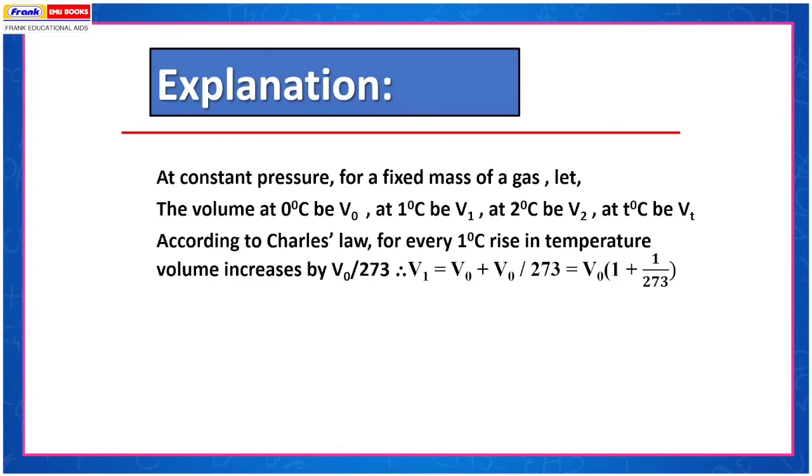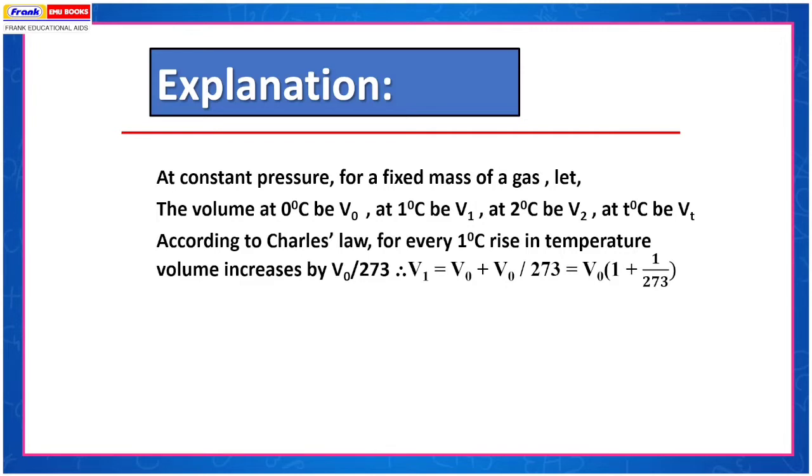According to Charles' law, for every 1 degree Celsius rise in temperature, volume increases by V0 by 273. Therefore, V1 equals V0 plus V0 by 273, equals V0 times (1 plus 1 by 273).